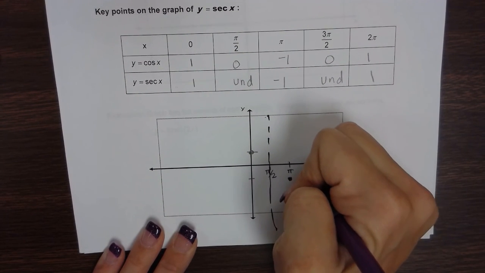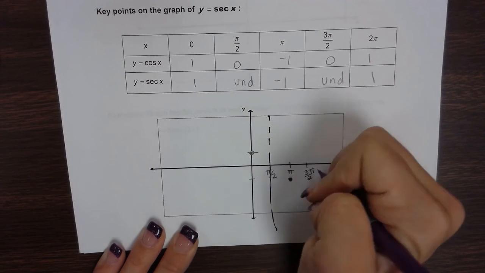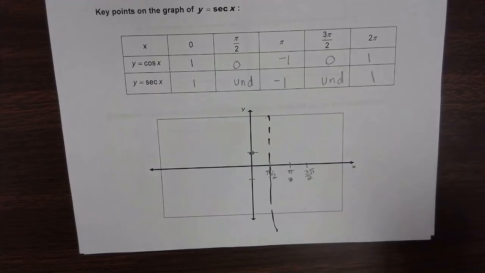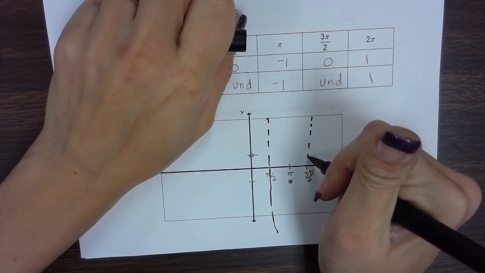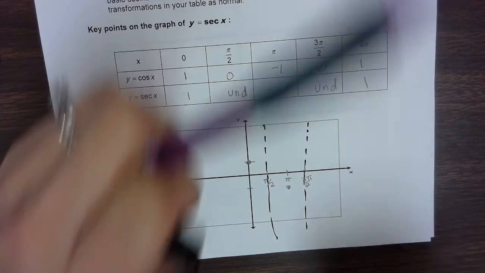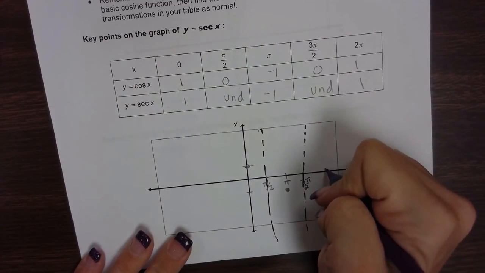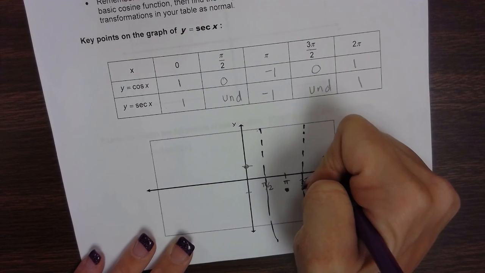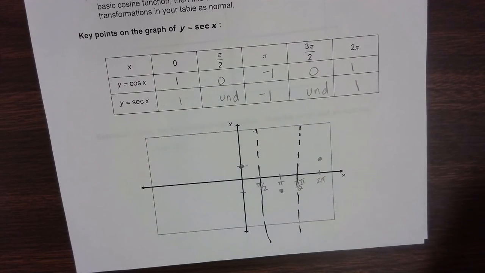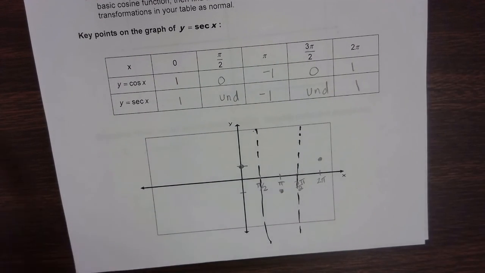At 3 pi over 2, we have another vertical asymptote. And at 2 pi, we're at 1 again. Now remember, we are graphing right now a full period, which is 2 pi.